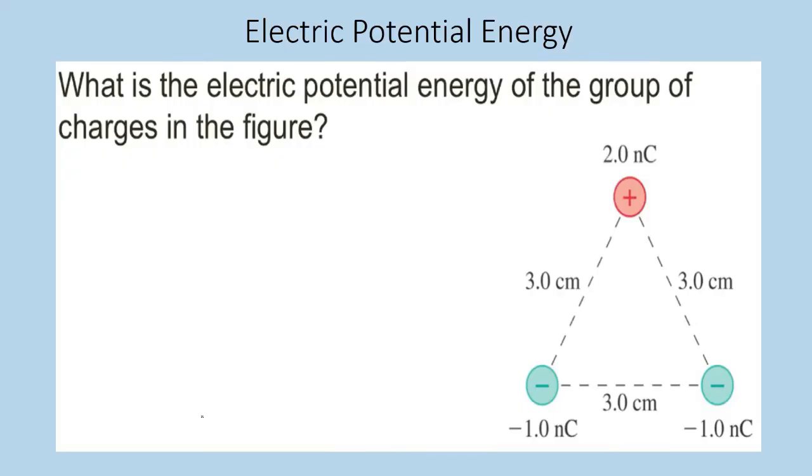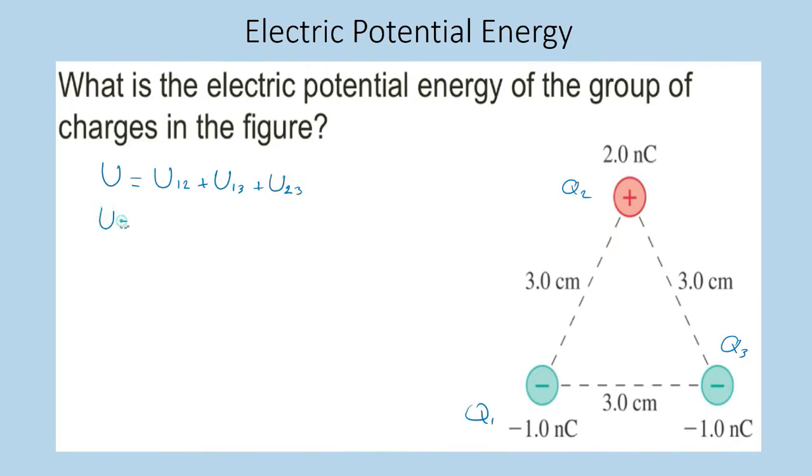This is an example. What is the electrical potential energy of a group of charges in the figure? So we have three charges. I will label this one Q1, this one will be Q2, and this one will be Q3. So the potential energy is equal to the potential energy of 1, 2 plus the potential energy of 1, 3 plus the potential energy of 2, 3.